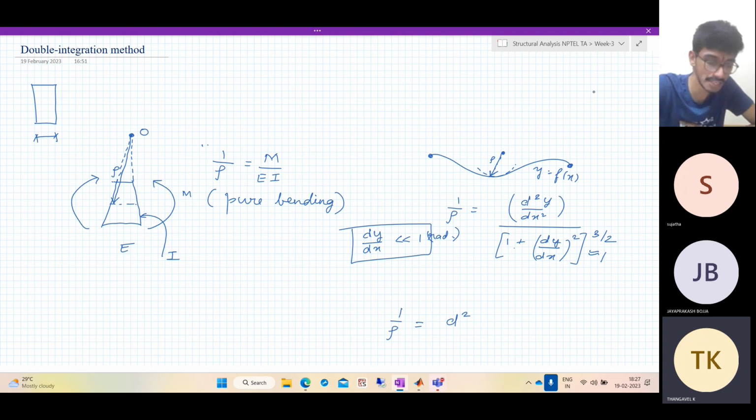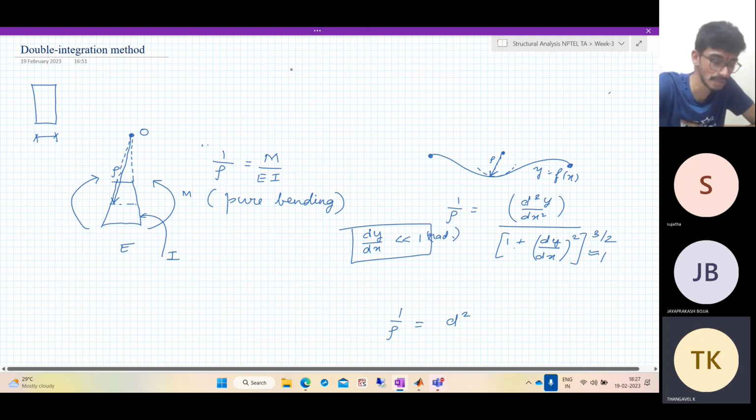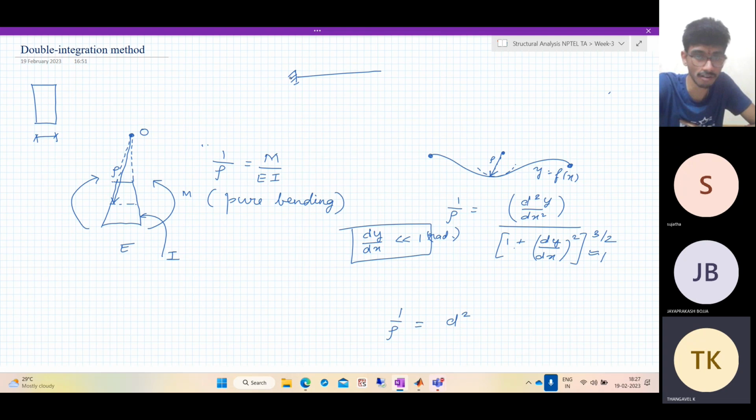If the beam is initially straight, this is the center line of the undeformed beam, and you have the elastic curve, which is the center line of the deformed beam. The difference is the deflection.